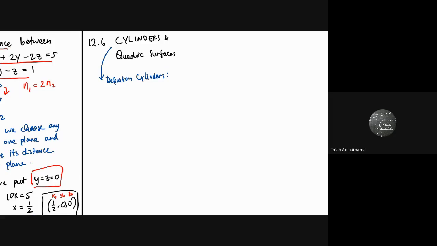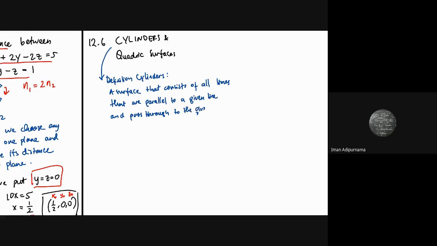So it's a surface that consists of all lines that are parallel to a given line, and pass through the given curve, the given plane curve.